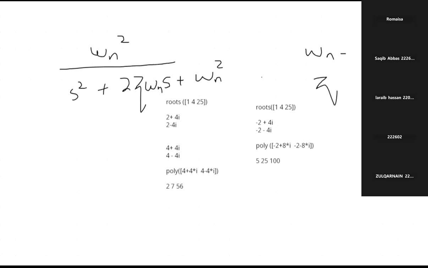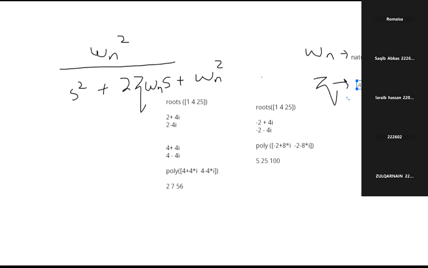Omega n is the natural frequency, I'm going to write it over here, natural frequency. And zeta is the damping ratio.